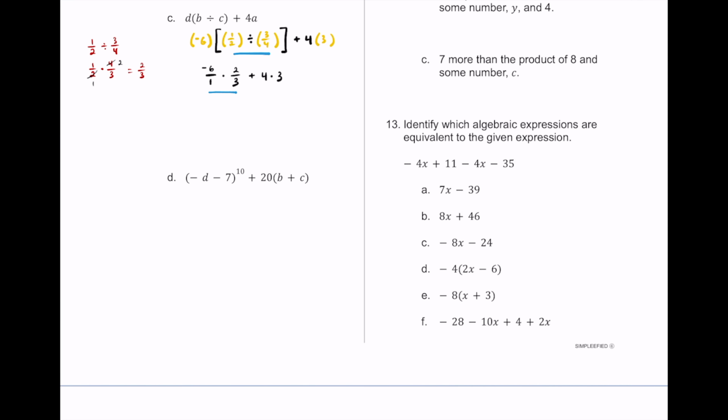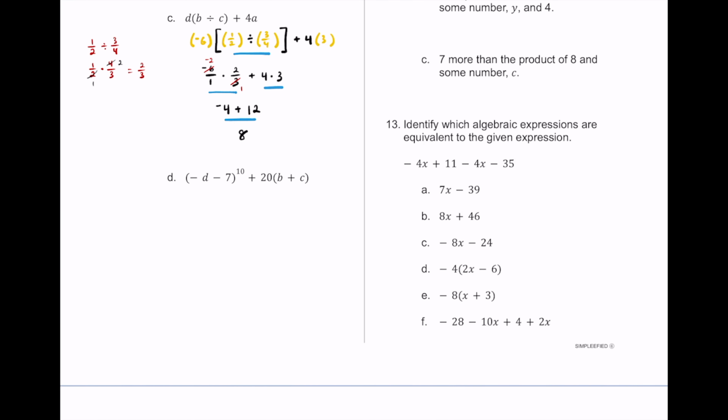If we cross cancel, we can see that this 3 and -6 you can divide them both by 3, their GCF. If we do that, we're going to get 1 and -2. -2 times 2 is going to be -4/1, which is -4, so we're going to have -4 plus, and since these are both multiplication problems, we can do them at the same time. So 4 times 3, that's going to be 12, and then -4 plus 12 is going to be a +8.